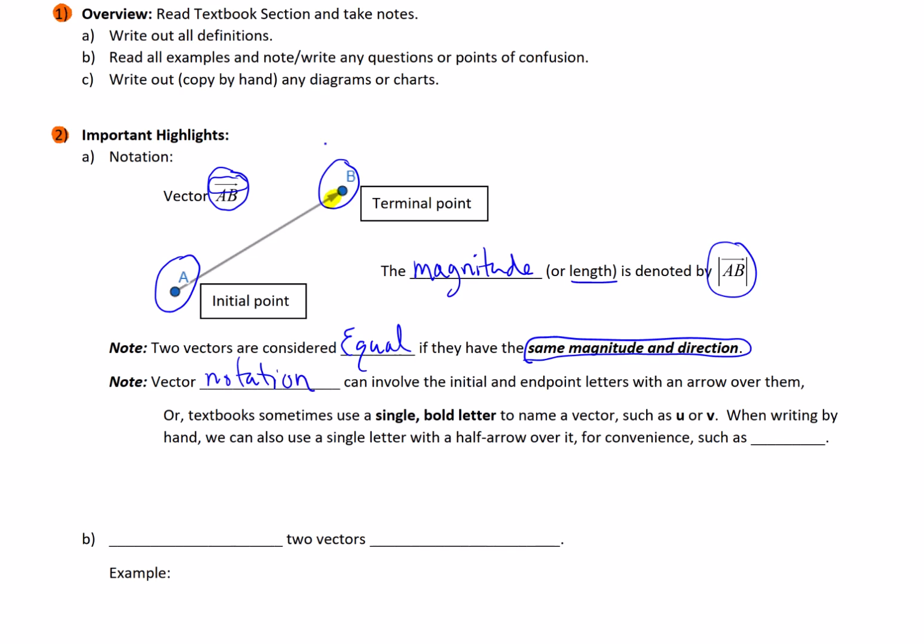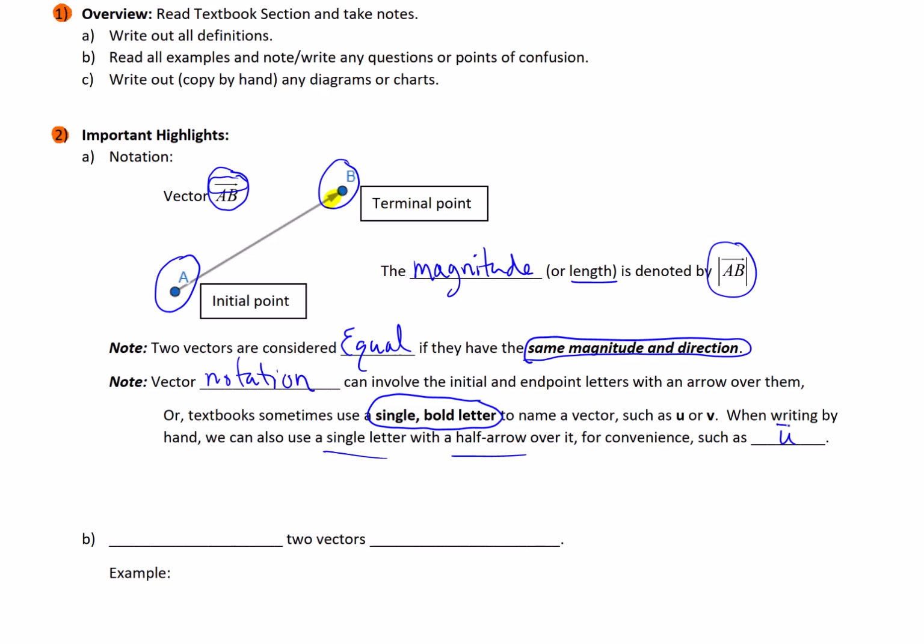Or textbooks sometimes use a single bold letter to name a vector, such as just a lowercase u or a lowercase v, which might be commonly used letters, but they're in bold print, which is actually a little bit challenging to do when writing by hand. So when writing by hand, we can also use a single letter with a half arrow over it for convenience, such as instead of a lowercase bold u, I'll draw a lowercase u with a half arrow over the top of it.